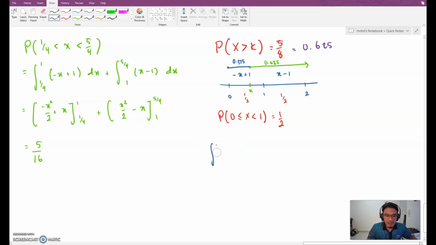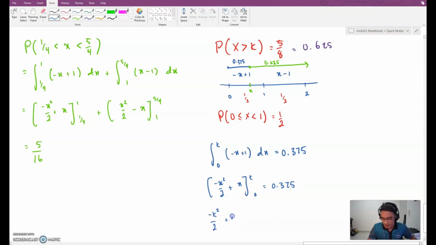So we integrate from 0 until k the function negative x plus 1 dx, which equals 0.375. Proceeding with the integration, negative x squared over 2 plus x from 0 to k equals 0.375. So we have negative k squared over 2 plus k equal to 0.375.